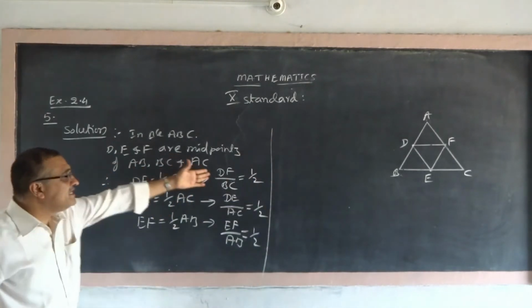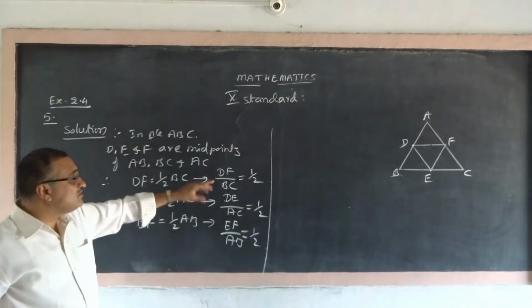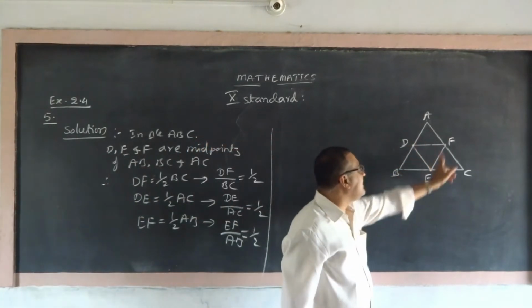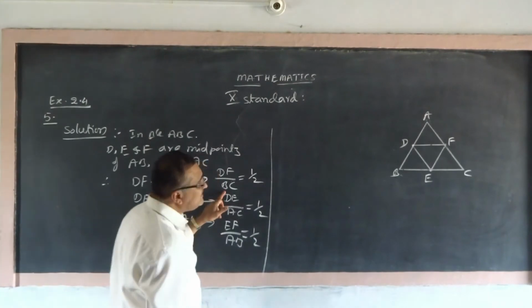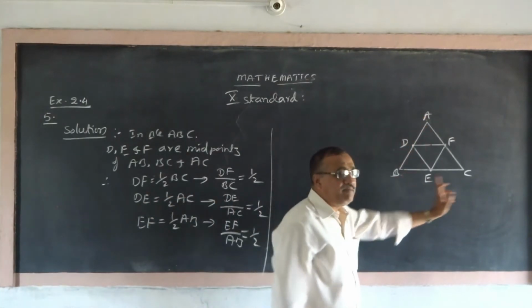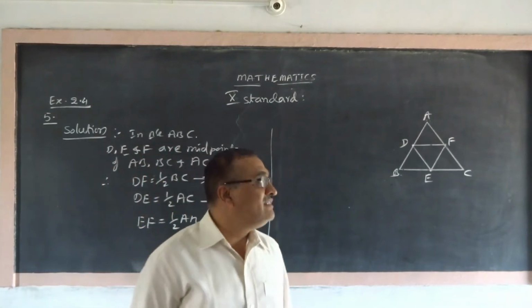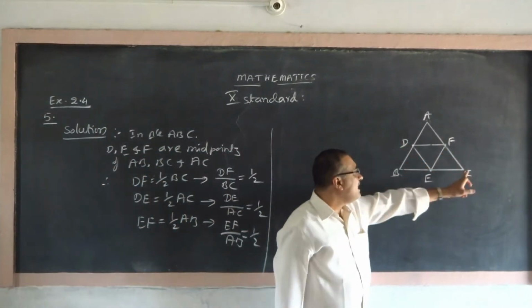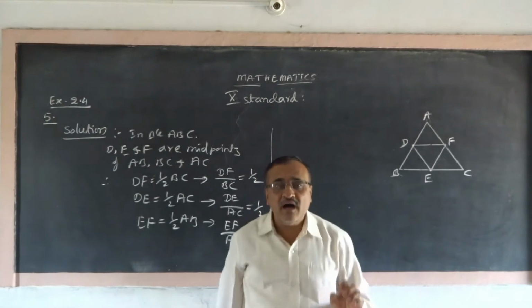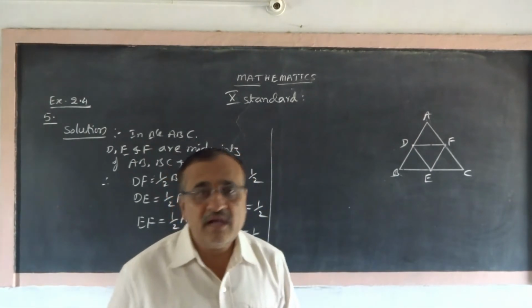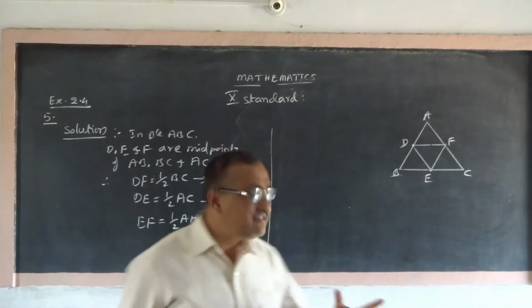Now these ratios are equal. DF is here in triangle DEF and BC is in triangle ABC. Now the ratios of the sides of triangle DEF and CAB are equal. Therefore, they are similar according to the SSS criterion.